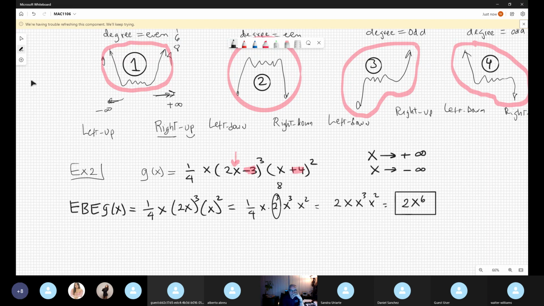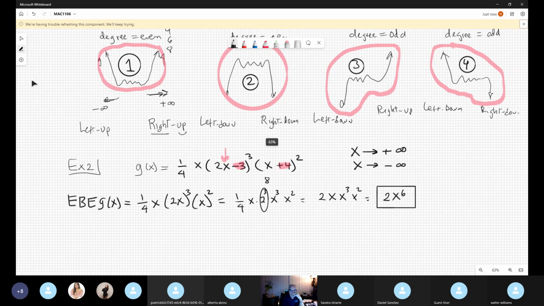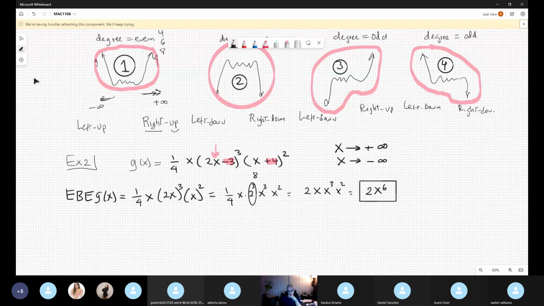According to this information, what do you think? Is it option 1, 2, 3, or 4? Remember, coefficient and degree. Coefficient is 2. Degree is 6, which is even. Number 1, very well. So the graph looks like that.